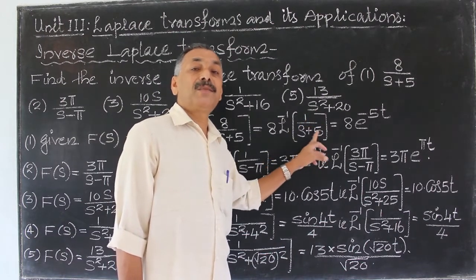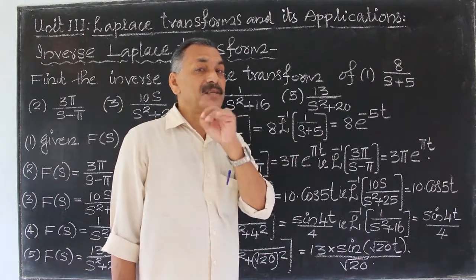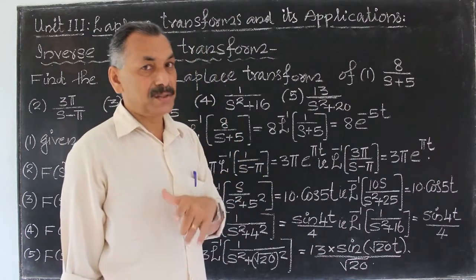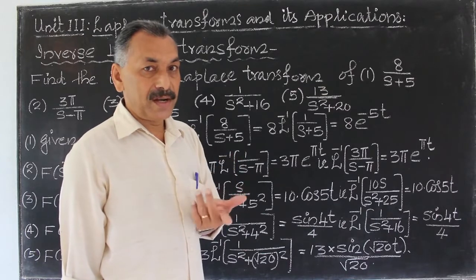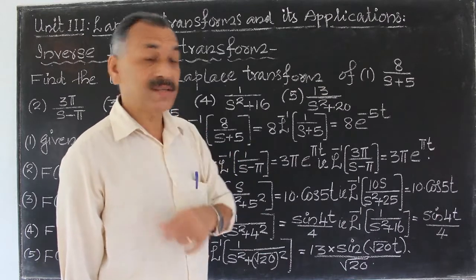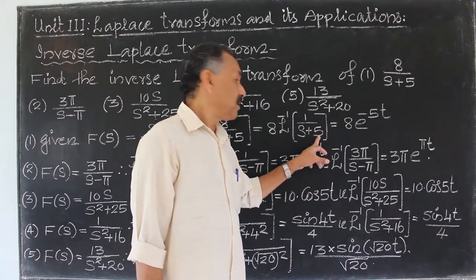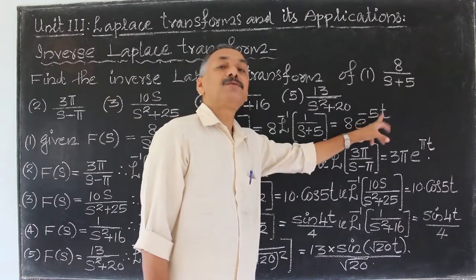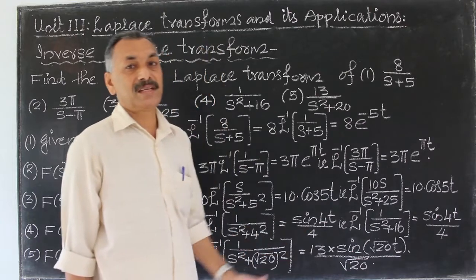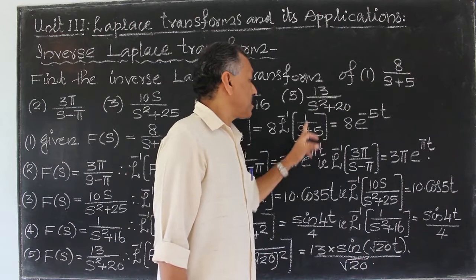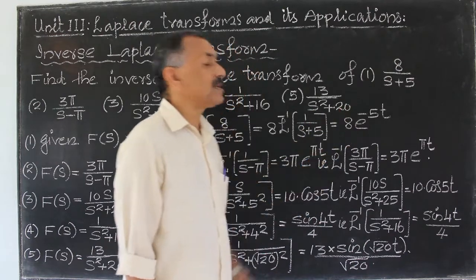It is e raised to minus at. L inverse of 1 divided by s minus a is e raised to at. Here a is equal to 5. That means it is 8 into e raised to minus 5t. So Laplace inverse of 8 divided by s plus 5 is equal to 8 into e raised to minus 5t.